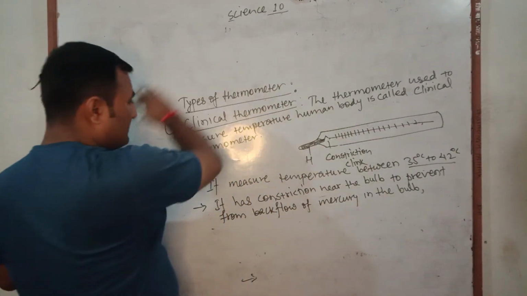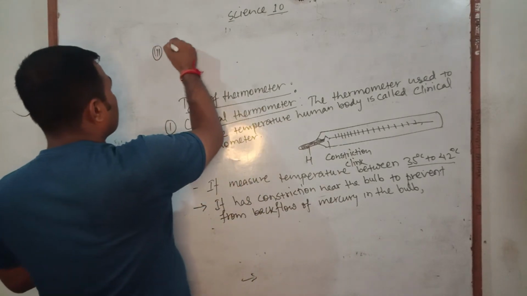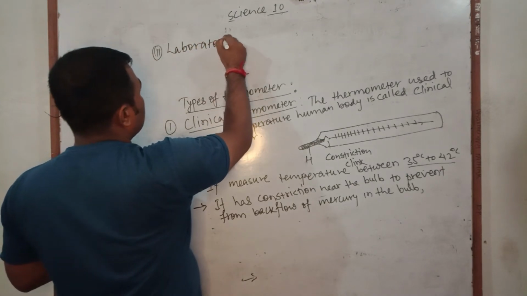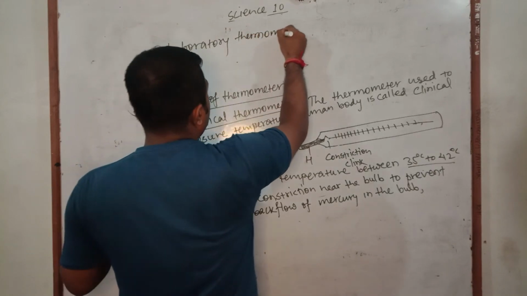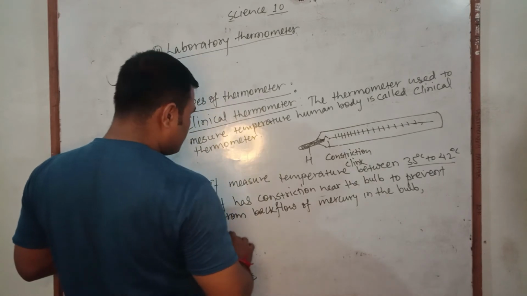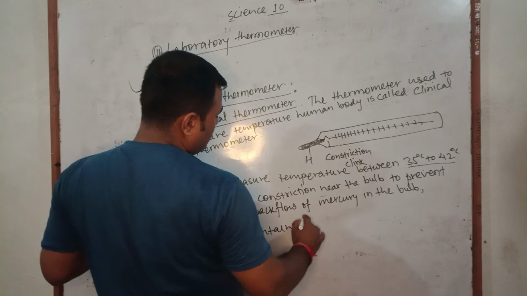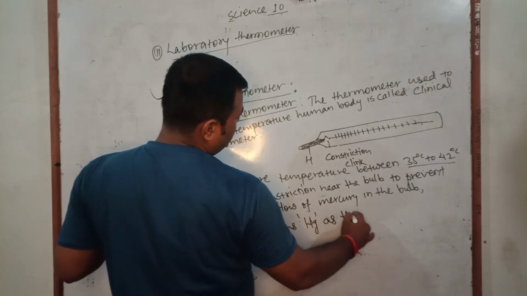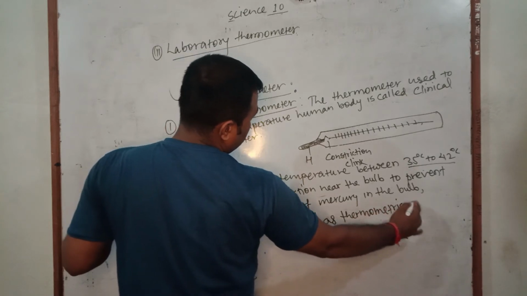After that, the next type of thermometer is the laboratory thermometer. Mainly clinical thermometer contains mercury as thermometric liquid.